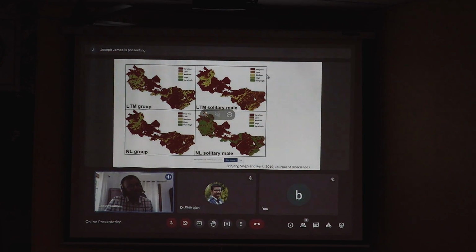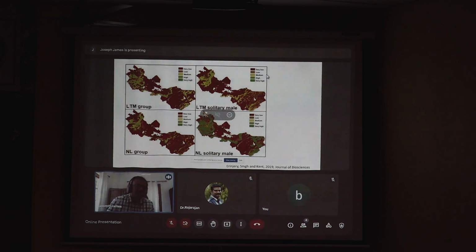And what we saw was that when we mapped the groups of these species, there were not much differences in the habitat suitability of the groups. But when we looked at the solitary males, we found that the solitary males of the folivorous species had more habitat suitable areas than the solitary males of the frugivorous species.